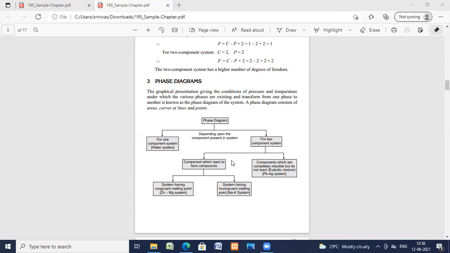The component systems which react to form compounds are again of two types: the system with a congruent melting point and the system with an incongruent melting point. We will discuss each system in detail in further classes.